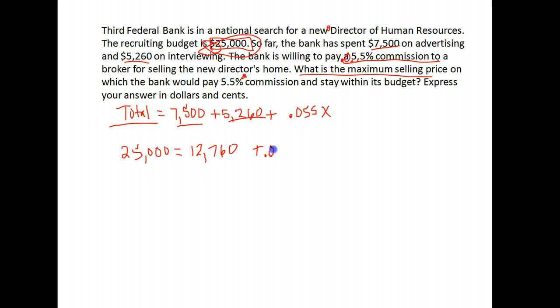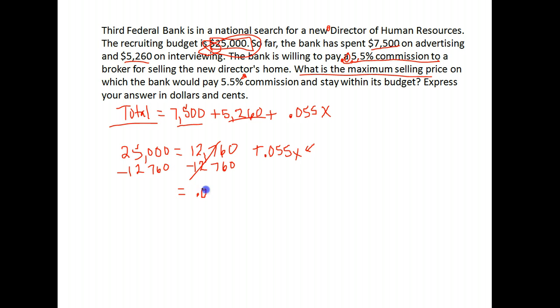Now we have a basic algebra equation to solve. We want to solve for the X over here, which means we need to move everything else to the opposite side of the equation. We start with our 12,760. It's positive, so to remove it, we subtract it from both sides. Leave our equal sign there.